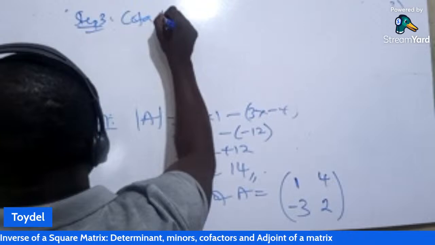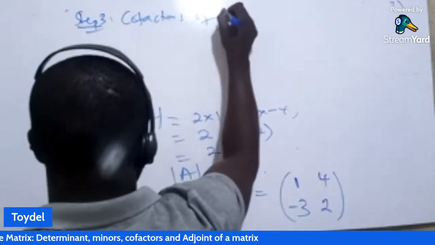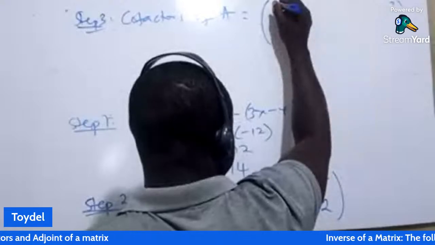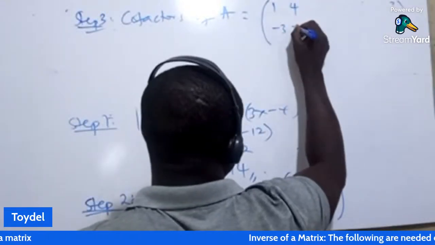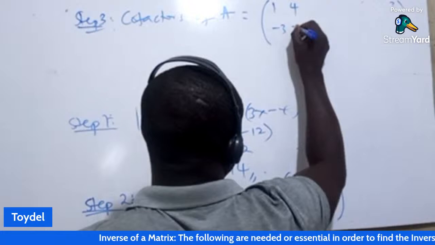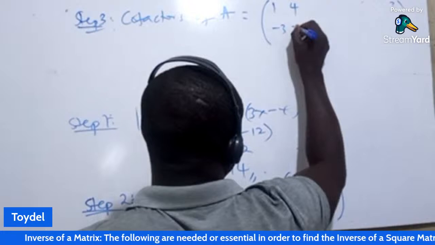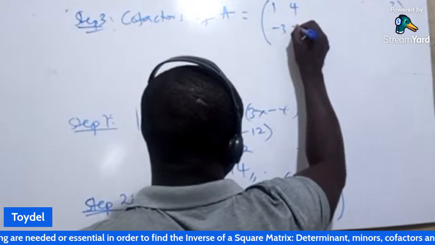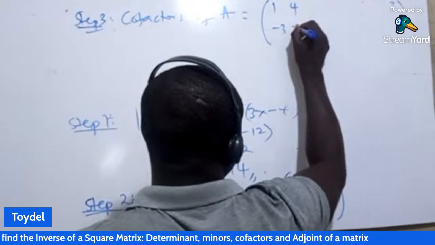The cofactors of A. The cofactor is the minor, when we consider the minors, plus the appropriate sign.